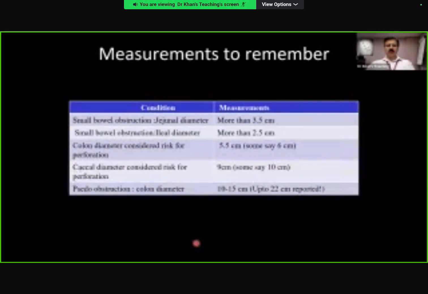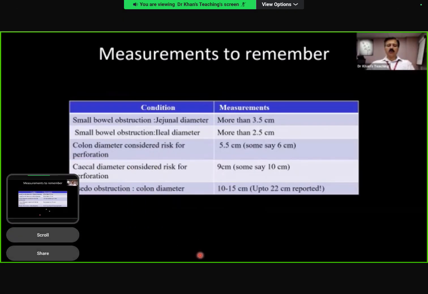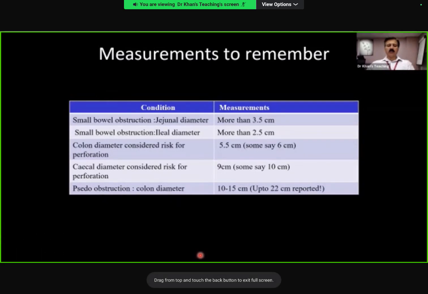A few measurements for you to remember, and what are the criteria for various parts which are here. One thing which I want to emphasize is pseudo-obstruction. Now, pseudo-obstruction is an entity which you will see in old age patients, and these patients will come to you with horrendous-looking plain X-rays, and you will see on PACS old films, which will tell you that this thing was there since ever.